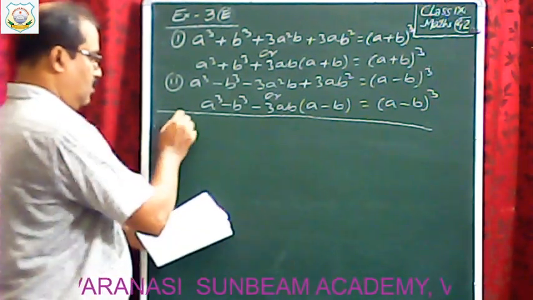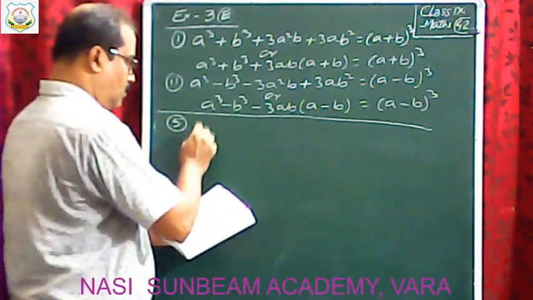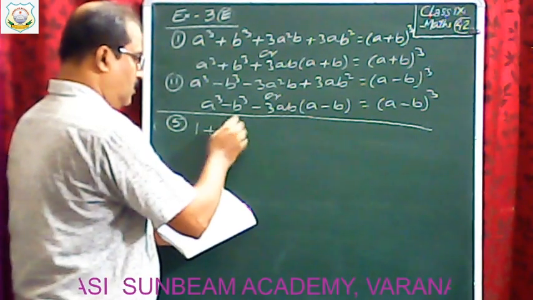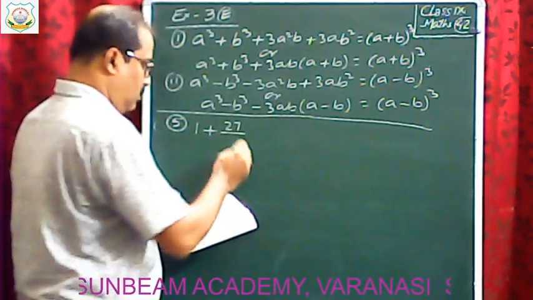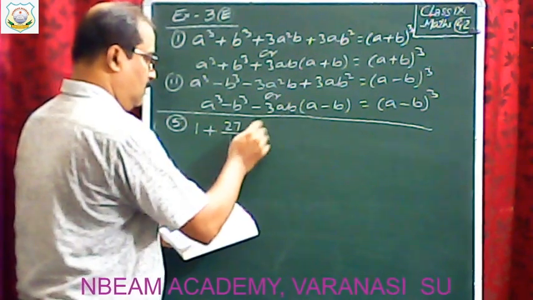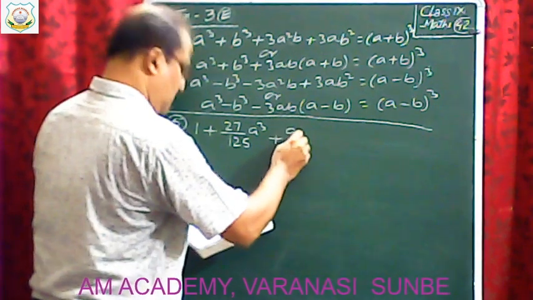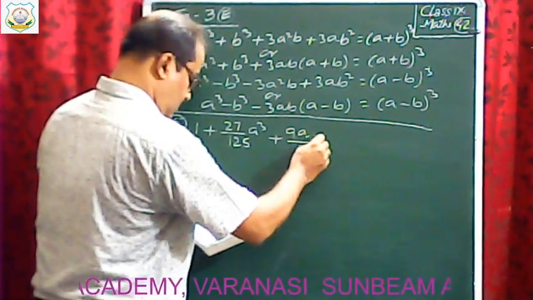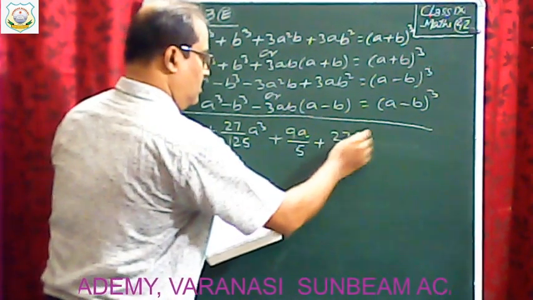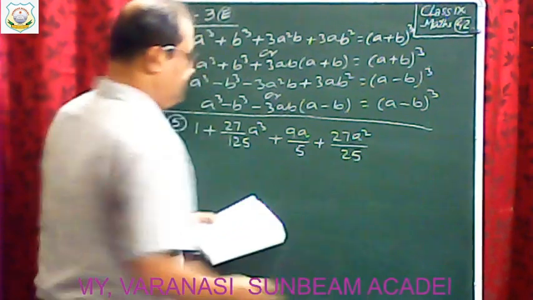Factorize, taking question number 5: 1 plus 27 upon 125 a cube, okay, plus 9a upon 5 plus 27a square upon 25.